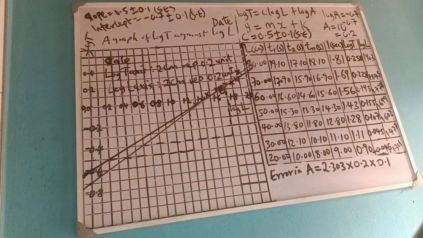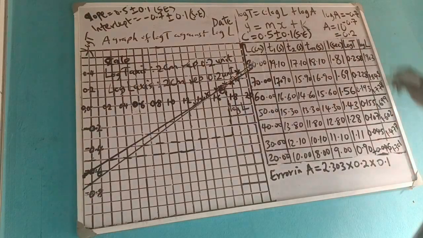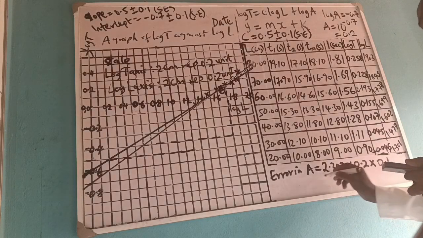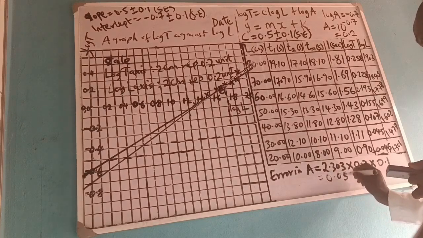Do you get the gist? 2.303 times 0.2 times 0.1 will give you 0.05.